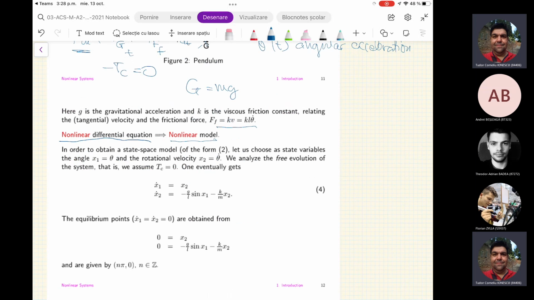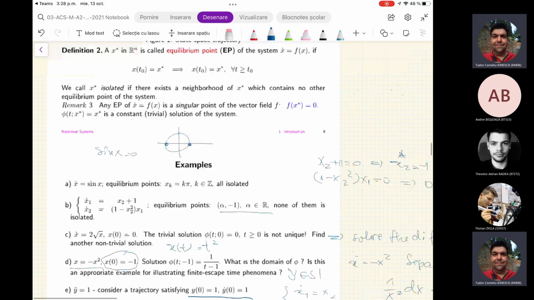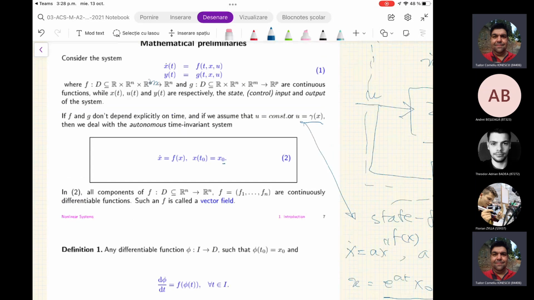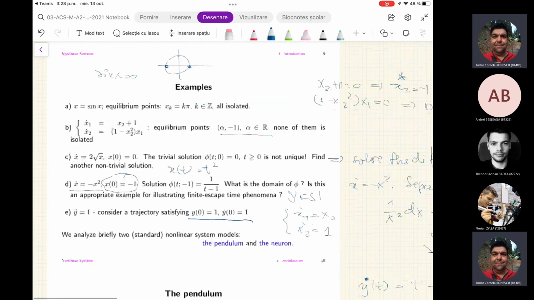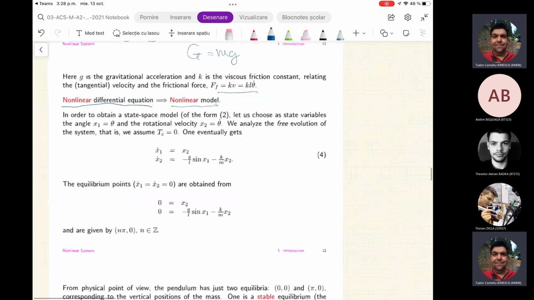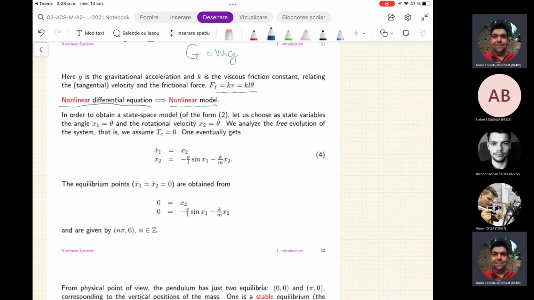It says here to get a state space model of the form 2. Let's see what the form 2 is about. So we need to write such an equation. We need to get everything into first order. We have second order now. Can we transform this into first order? Of course we can. We choose as state variables the angle.